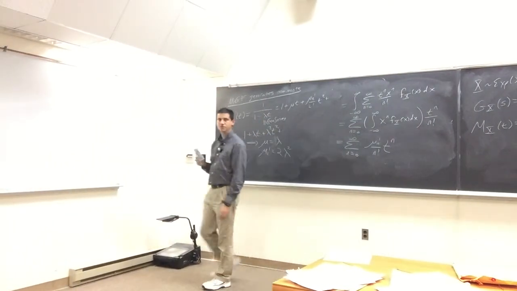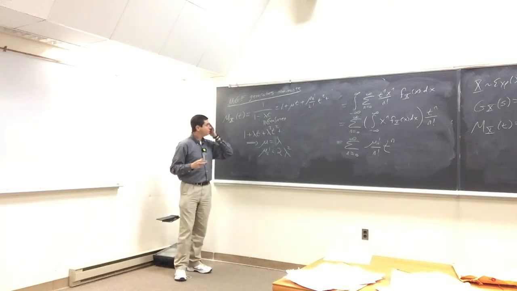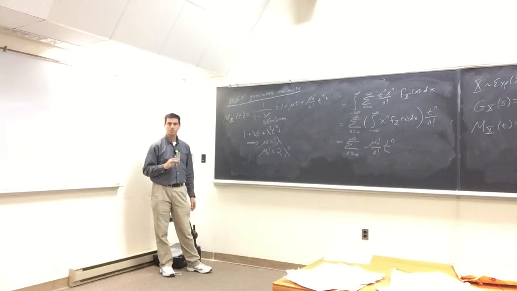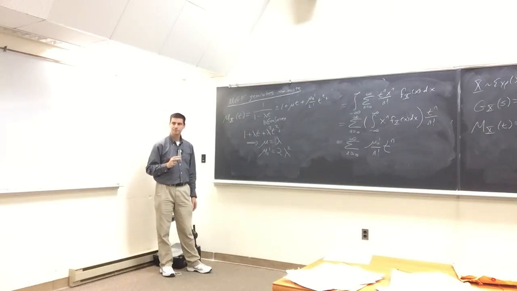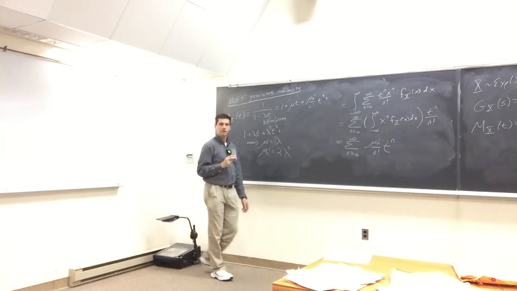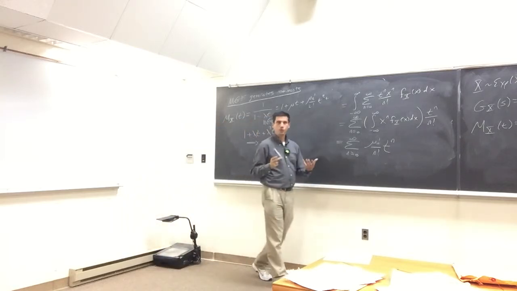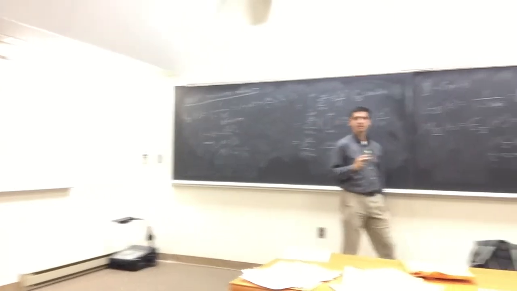So the last question about this, this is a great example. For what value of t is this well defined? So for what value of t will the moment generating function exist?